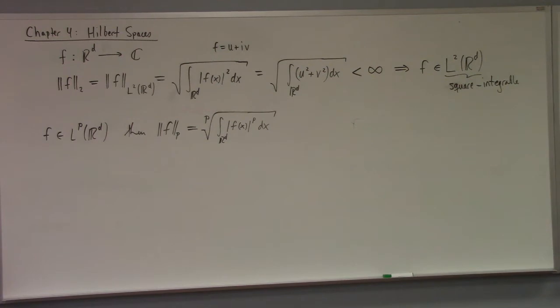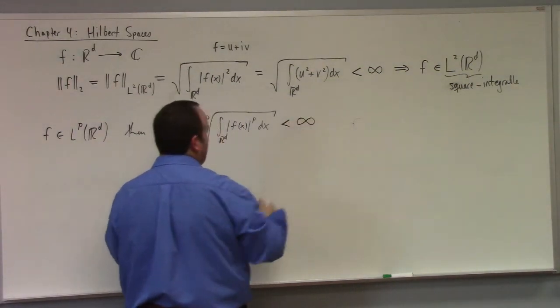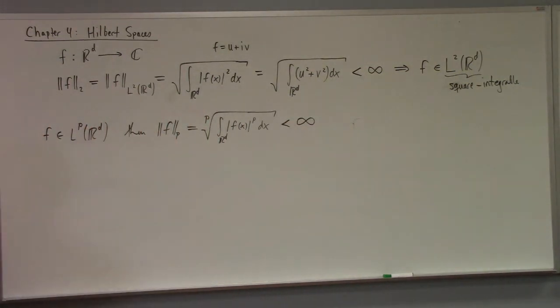Such things are of interest, in fact. That's a definition. If that expression exists and is finite, then f is an element. I need a condition, right? That has to be less than infinity.